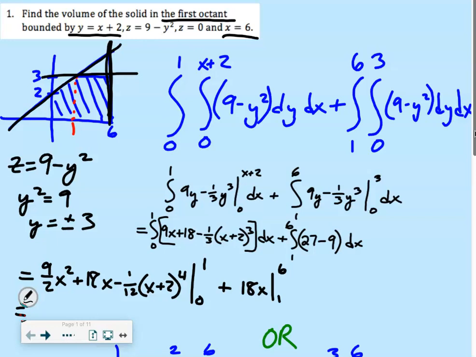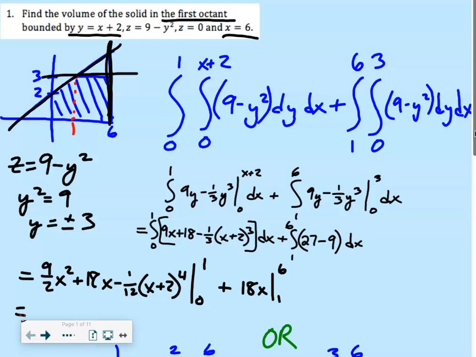It's only if it says that z has to be positive or something like that that your z might create a boundary where it intersects the xy plane. So then you set your z equal to 0. Then you have to check.